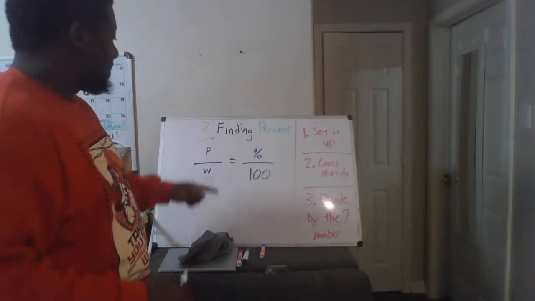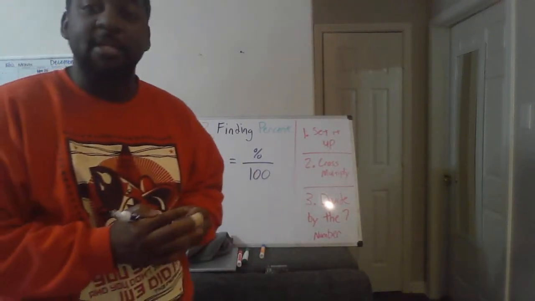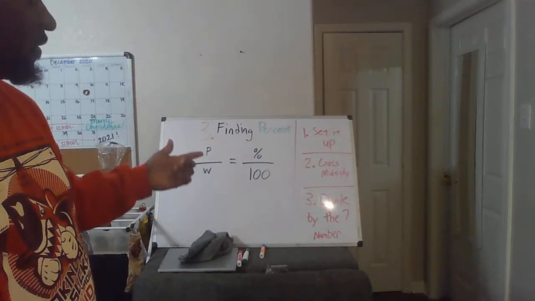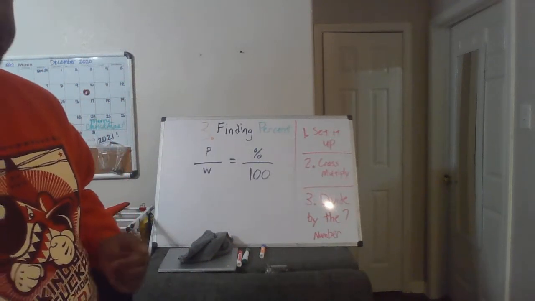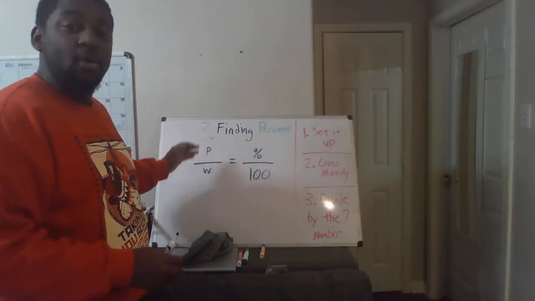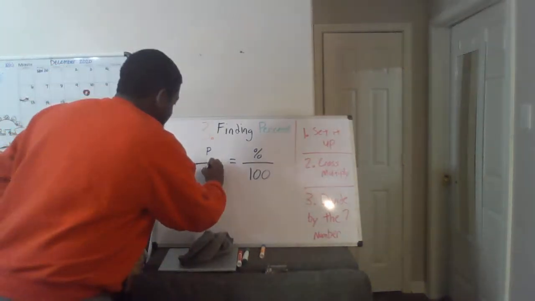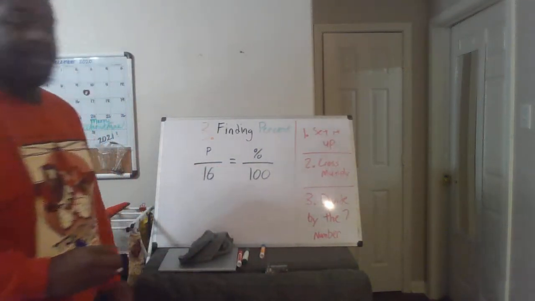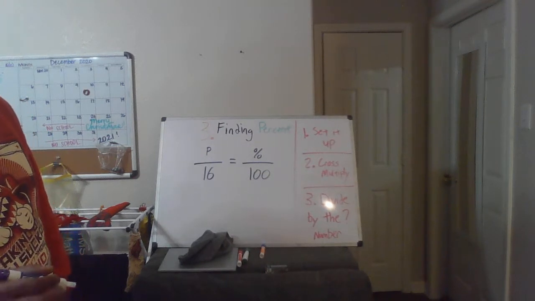All right, y'all, I've got the basic setup of it. Now we need to plug our numbers into our equation here so we can solve it by cross multiplying and dividing. So it says a hat costs $16. That's not part of the price of the hat, that's the whole price of the hat. So we know the whole is 16. The question says you got a $4 discount.